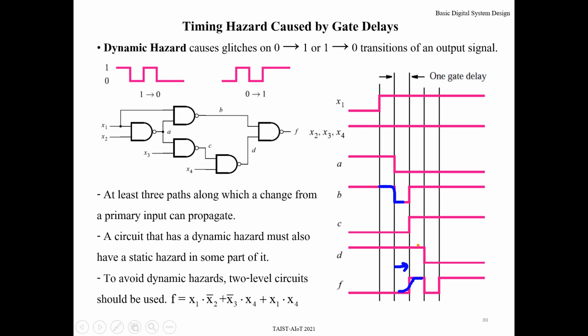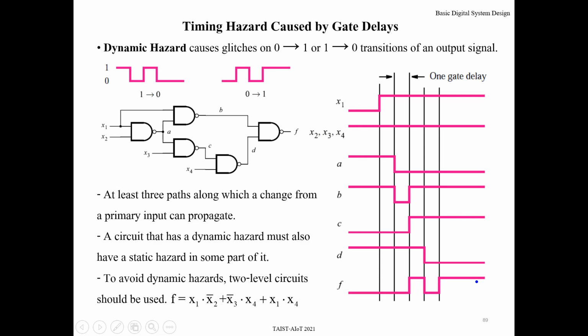After that, when D changes here, when B changes back to here, it makes output F change here, and when D changes here, it makes output F change here. So the dynamic hazard occurs. It should change only one time, but it changes many times.